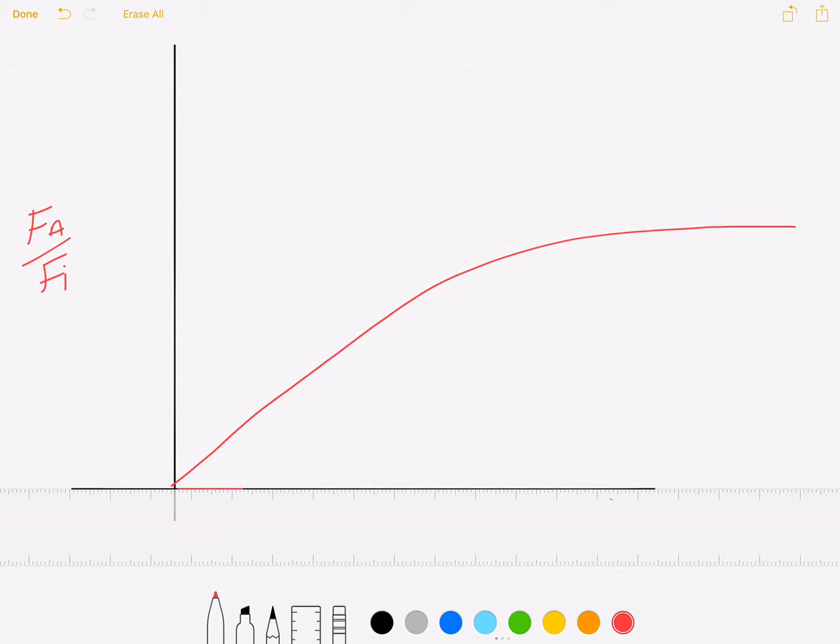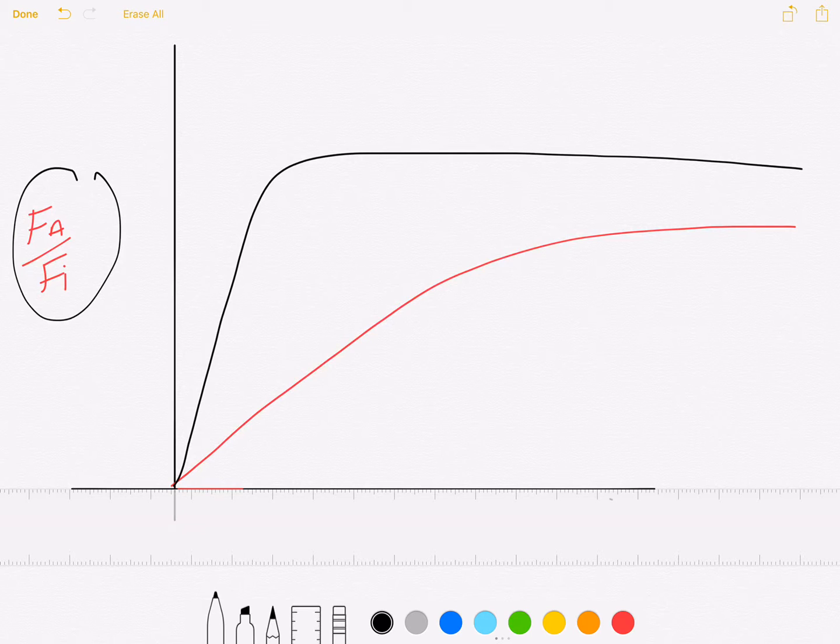A relatively insoluble gas such as desflurane actually reaches this equilibrium stage faster because it's very insoluble in blood. So blood is only carrying very little desflurane with each heartbeat or per unit time.